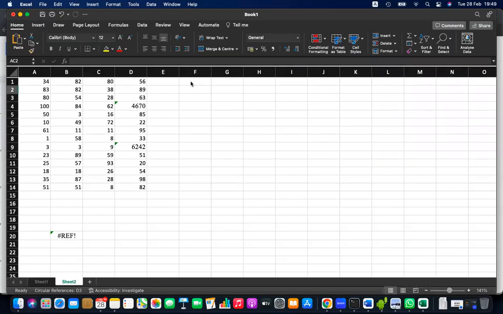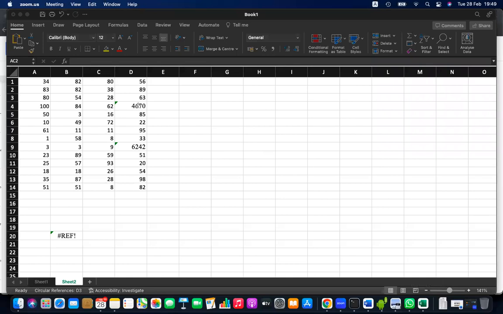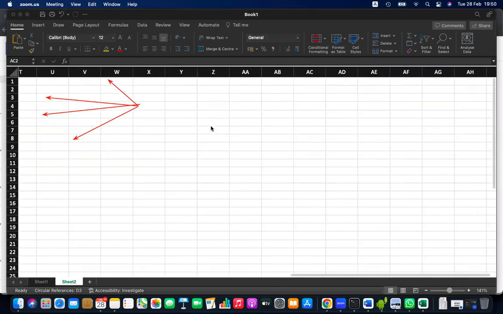A3 plus B8, C1, A5. Right. Moving this way, what is AC?